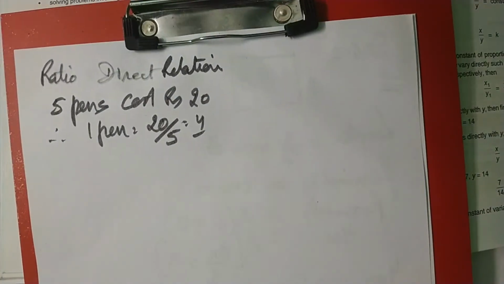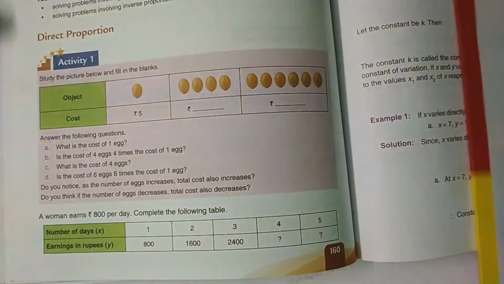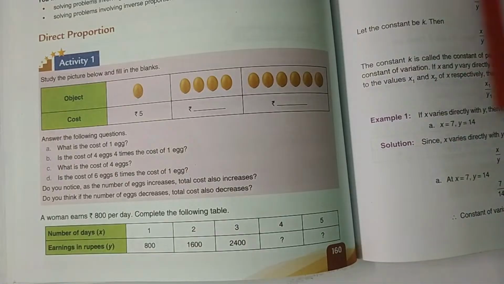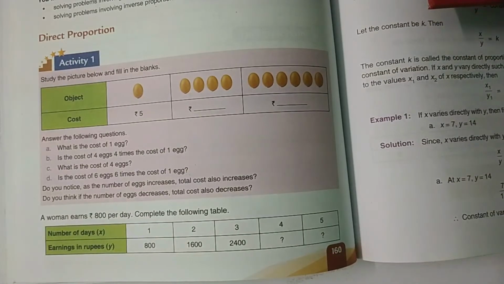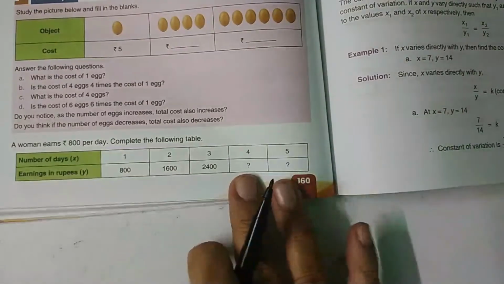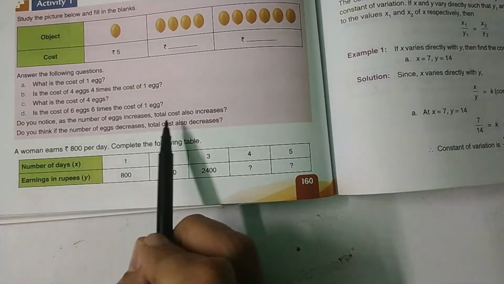So direct and inverse, which is also called indirect proportion. Mostly I am coming to the point directly: direct proportion mostly deals with rupees and the other quantity. Here there is a point given. Do you notice when the number of eggs increases, the cost also increases?